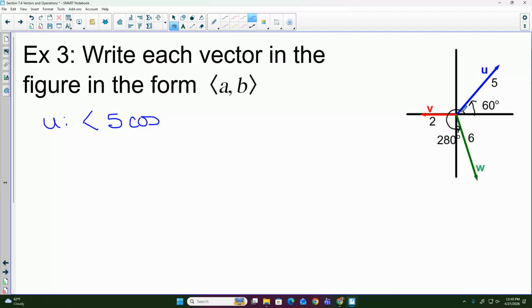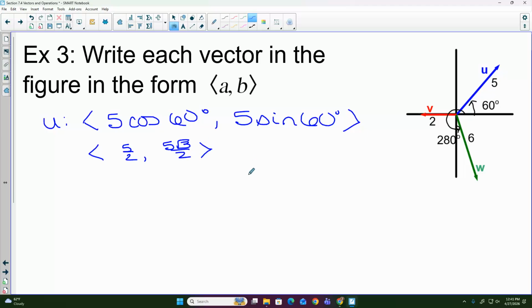Cosine, what's my angle? Then that would be 5 sine of 60 degrees. Cosine of 60 is 1/2, so 5 times a half would be 5/2. Sine of 60 is radical 3 over 2. So 5 radical 3 over 2.